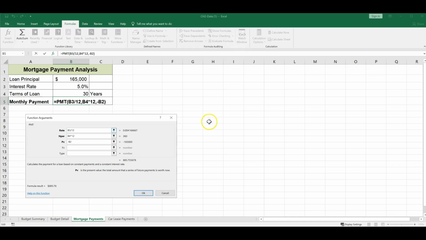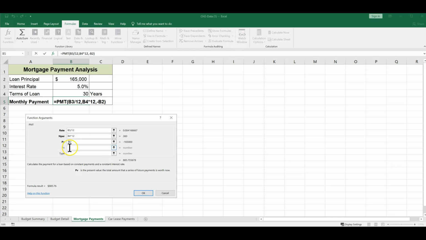The way I always think about it is, essentially the bank is taking $165,000 away out of their bucket of money and loaning it to me. So they are down $165,000. Or if I wanted to say my monthly payment is taking out $885. So we just put the negative sign in the present value.